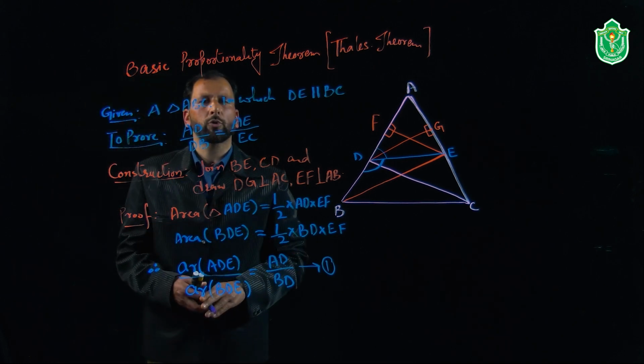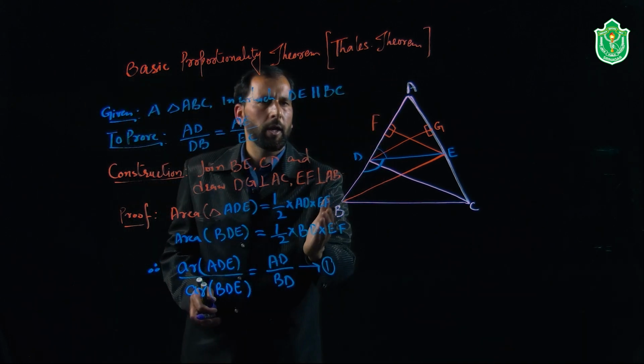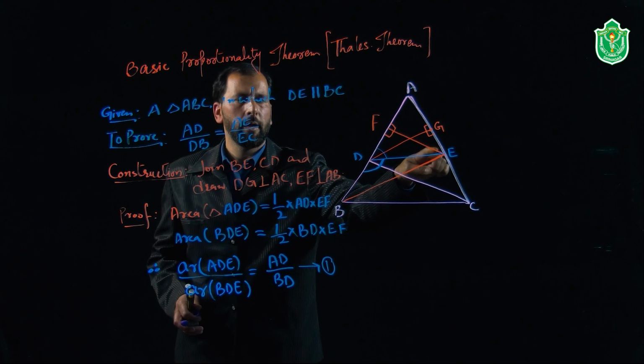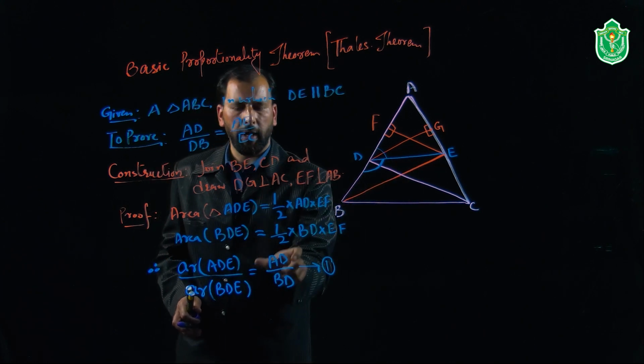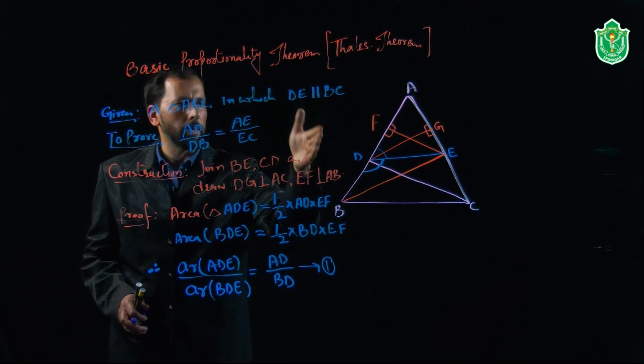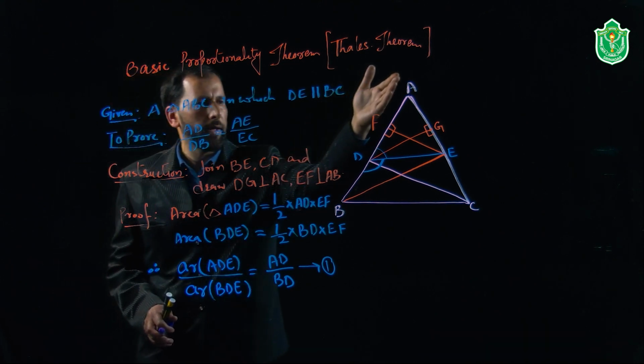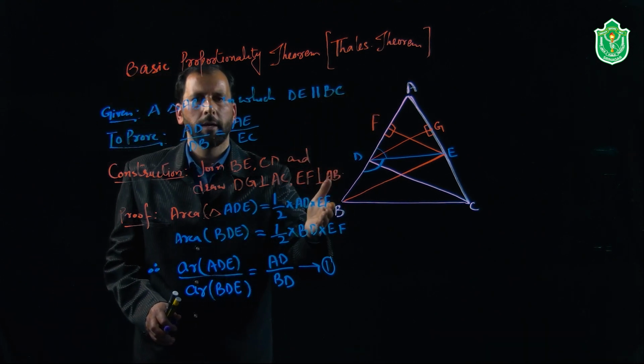So if we take two triangles from the side AB, the first triangle is ADE and the other triangle is BDE, we get the ratio of their areas is equal to the side AD upon BD.